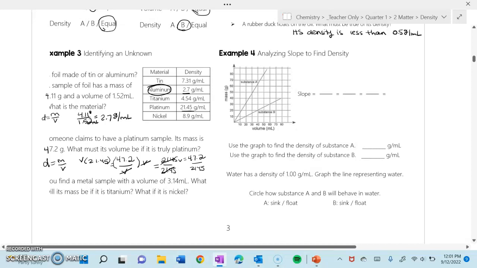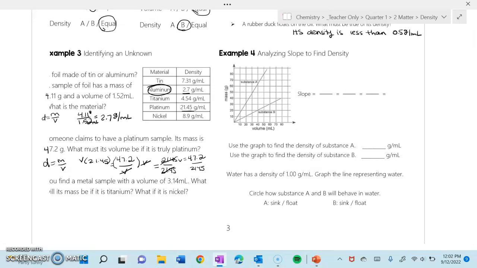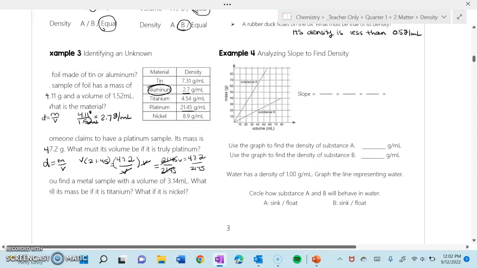Canceling out those numbers. Now we can plug this into our calculator. 47.2 divided by 21.45, and we get 2.2 as our answer. Units on this, look back to what your volume units were. They are milliliters.